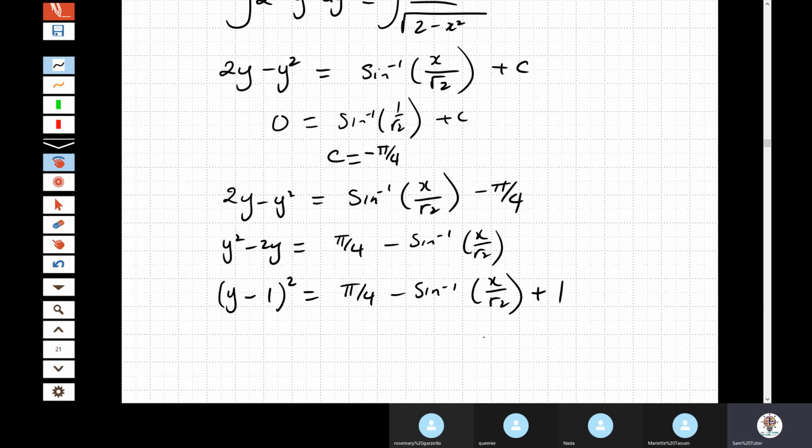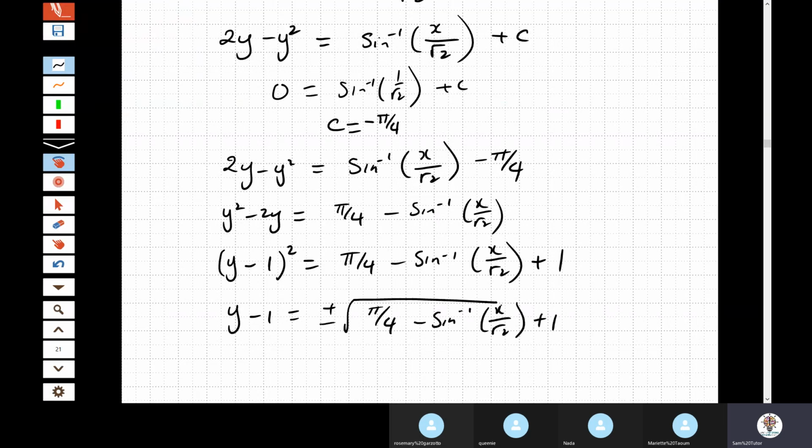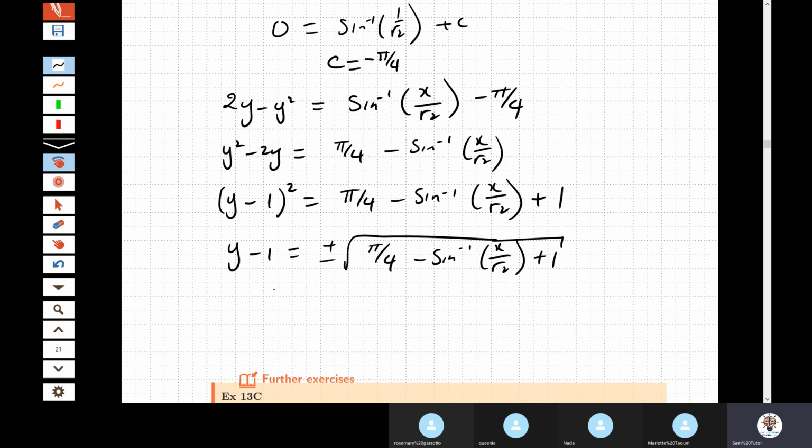What do we reckon? We're happy with that? Then we're going to square root it. Then we're going to add 1.